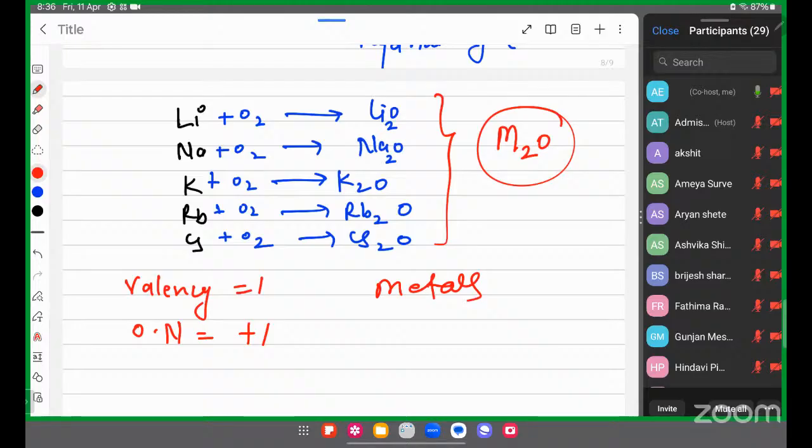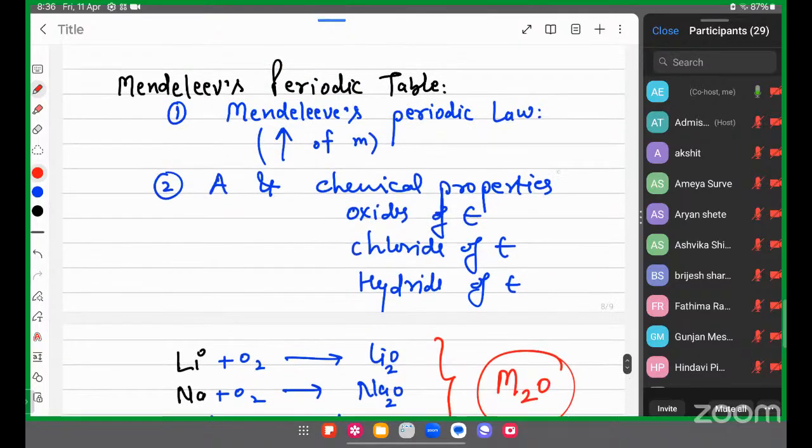They all form the same type of chlorides and hydrides, which clearly indicates that they have similar chemical features. And this was the most important property in the formation of Mendeleev's periodic table, which makes it a successful periodic table for a certain time period until we have the modern periodic table. Until that time, Mendeleev's periodic table is successful.